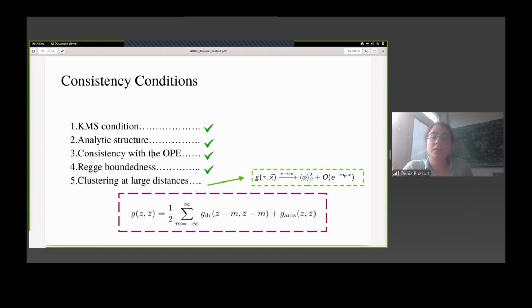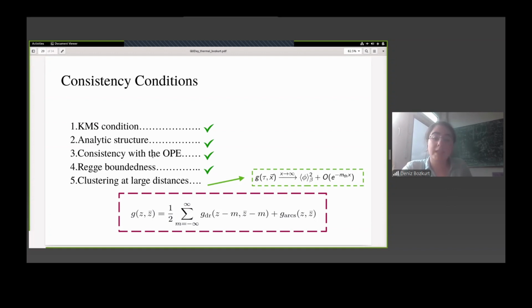So this is the only condition that, every time we compute a two-point function, we need to check, if the resulting generalized method of images is actually giving us the correct clustering behavior. And if not, then we know that the arcs will compensate for it.